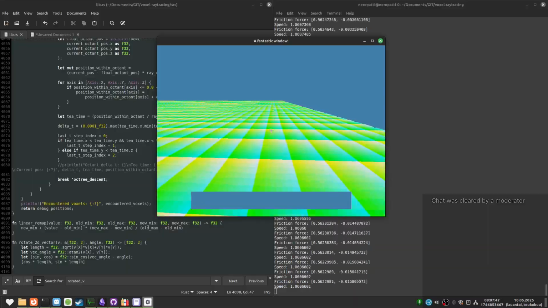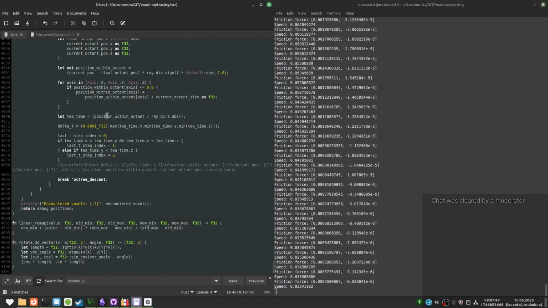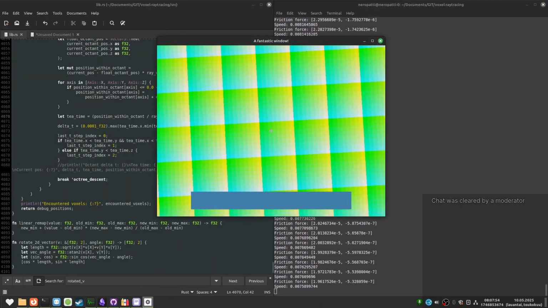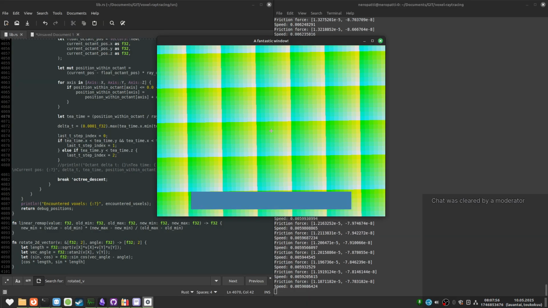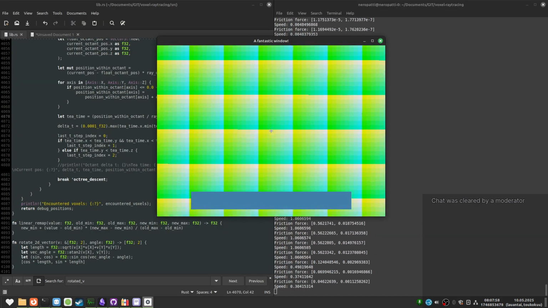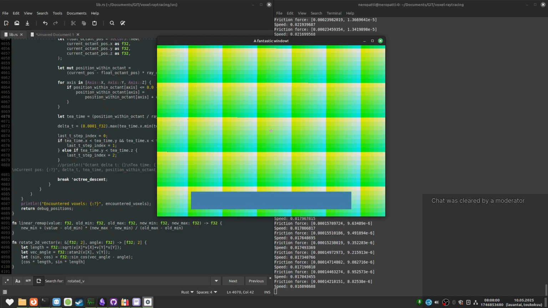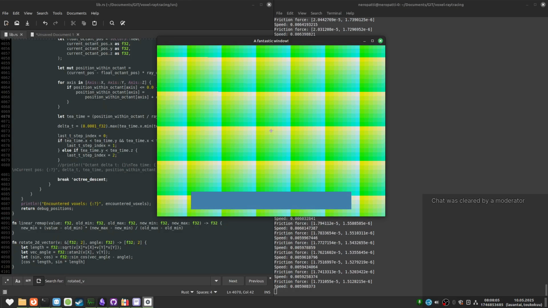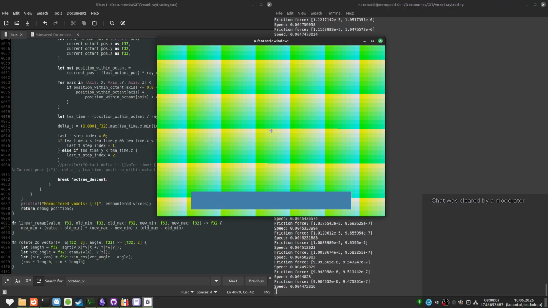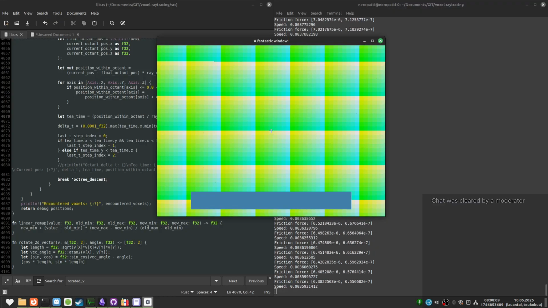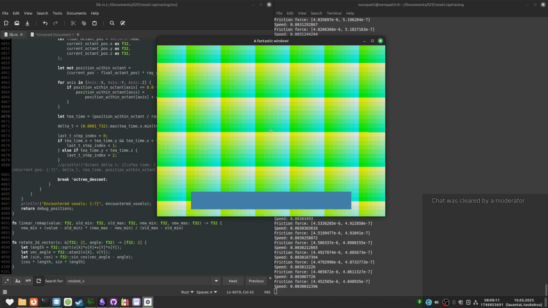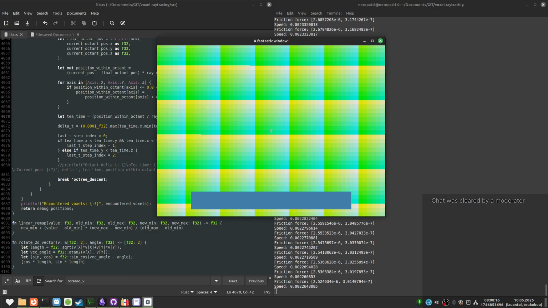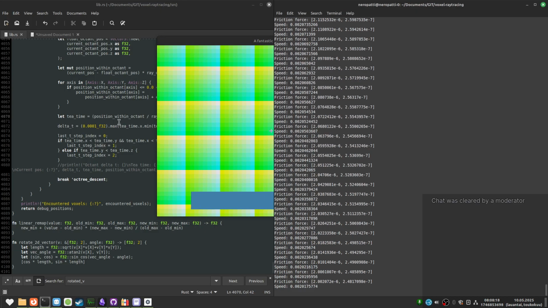And the lenient friction is 0.5, which is not very lenient. We still slide very, very slowly here. Takes a while to stop, which is not good. Why does it take so long to stop?